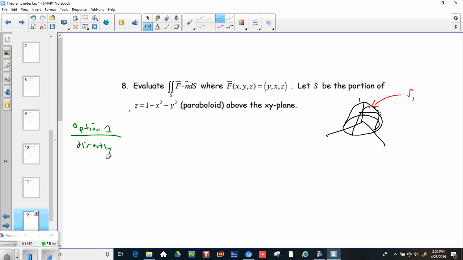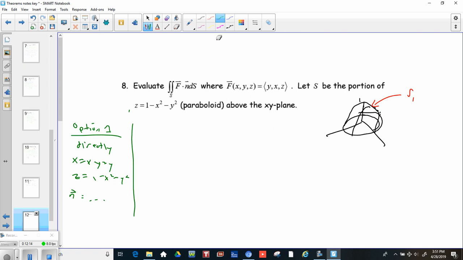We could calculate the surface integral directly. You could use a trivial parameterization, x equals x, y equals y. In this case, z is already defined as 1 minus x squared minus y squared. And then you could find your normal vector by doing rx, ry, crossing those. We could do that whole process.